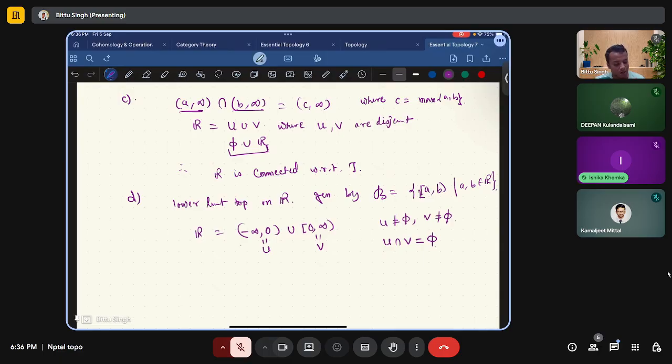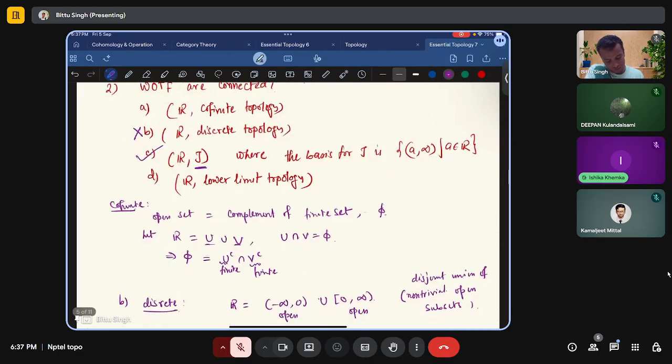So R can be broken into disjoint union of non-trivial open sets. Therefore, R is disconnected with respect to this lower limit topology. So this is disconnected. Now let us see what happens in cofinite topology.